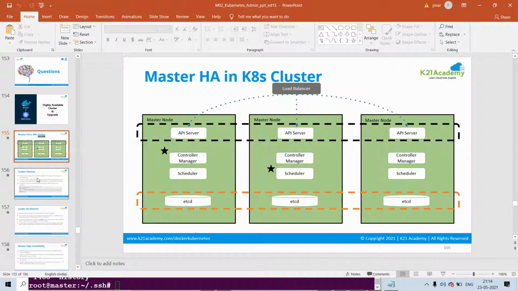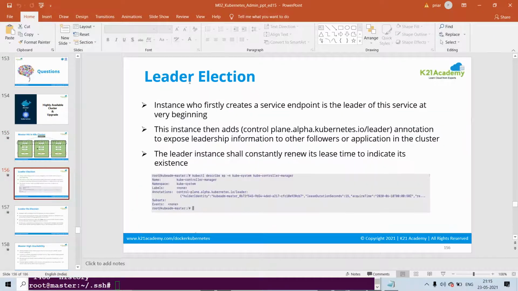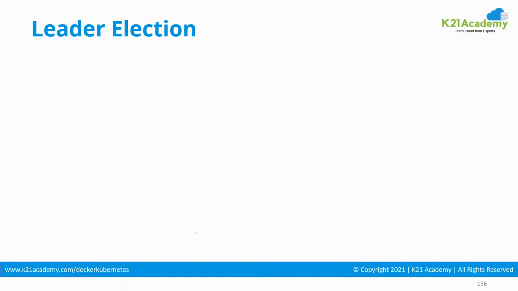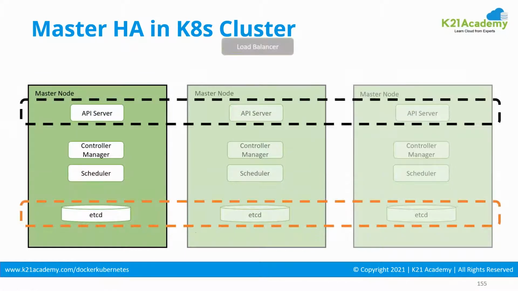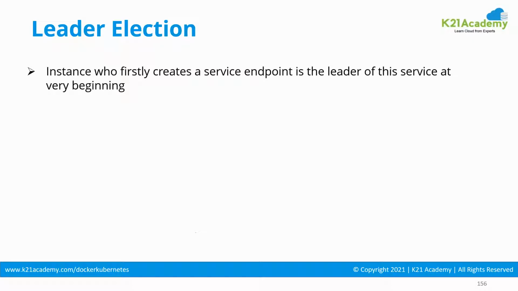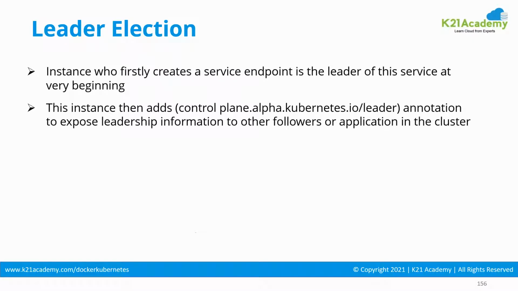Okay, guys, I think I have discussed this leader election. Let's finish this quickly in 2 minutes, and then we'll go for the break. I have explained this diagram properly. How is the leader election done? The instance which first creates a service endpoint is the leader of the service at the very beginning.